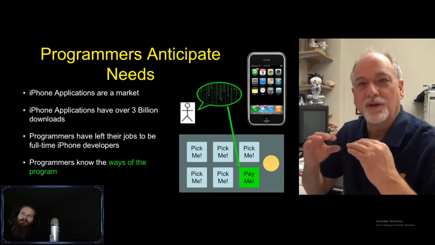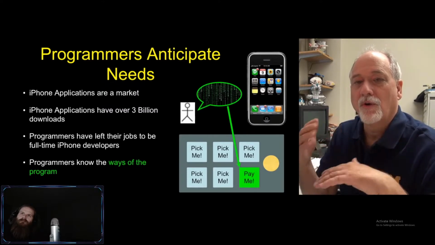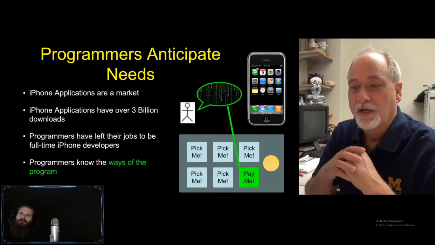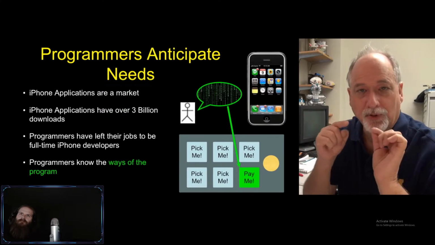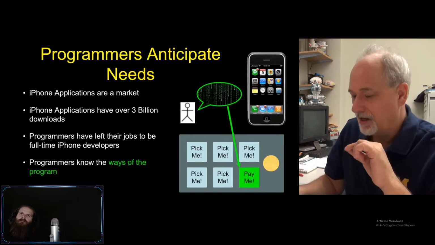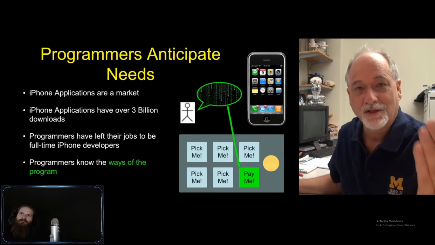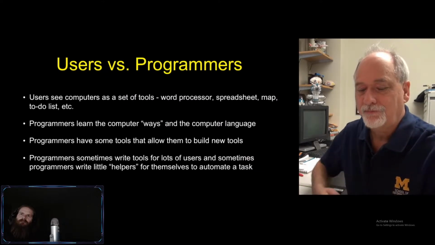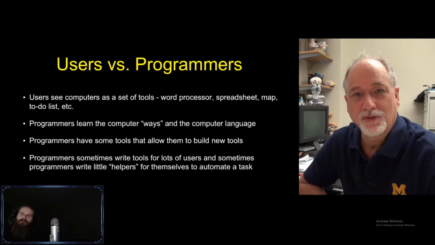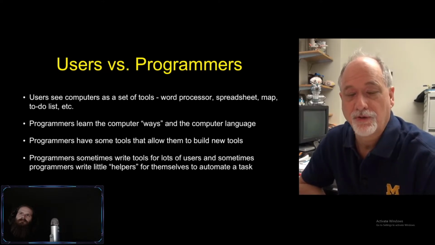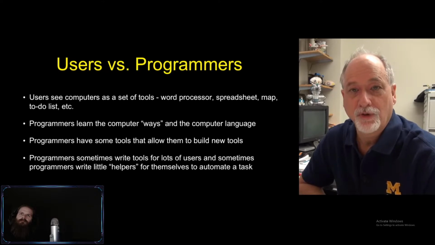So I'm bringing you into something where you are going to learn the ways of programming and the ways of the computer, because it's easier to teach you how to program than it is to teach this how to work in your world, even though ultimately the goal is to get this to do work for you. So part of what I'm trying to do is move you from a user perspective where you just look at the computer as something that someone else has constructed and you are the user of, to the point where you construct new things.